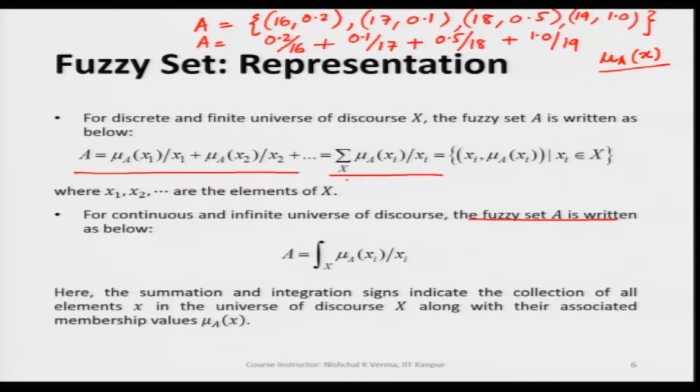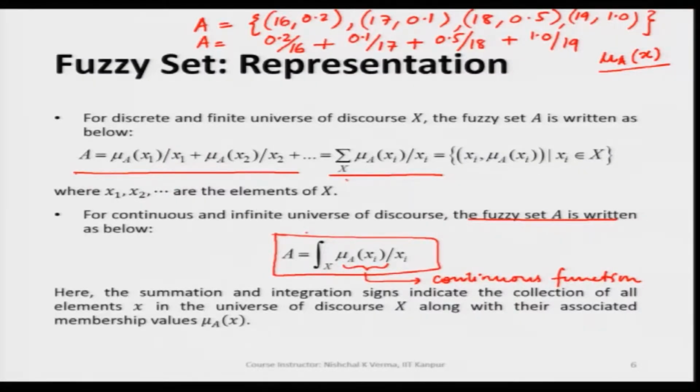Please understand, this mu A x_i will be a continuous function, because we are writing the fuzzy set in a continuous format, and the generic variable values here will be x_i. This way we write a fuzzy set in a continuous format.